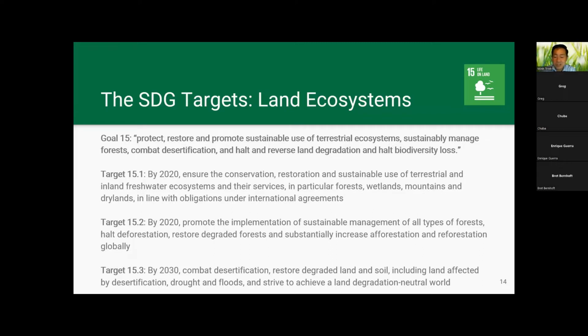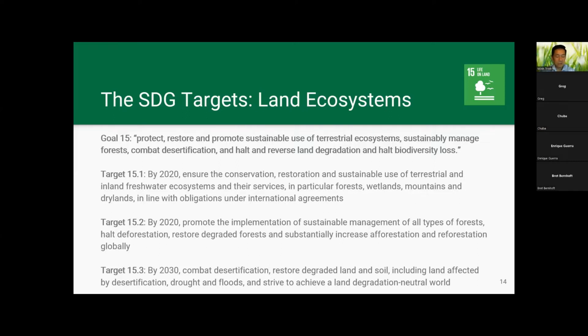ensure the conservation, restoration, and sustainable use of terrestrial and inland freshwater ecosystems and their services, in particular forests, wetlands, mountains, and drylands, in line with obligations under international agreements. Target 15.2, by 2020, promote the implementation of sustainable management of all types of forest, halt deforestation, restore degraded forest, and substantially increase afforestation and reforestation globally.